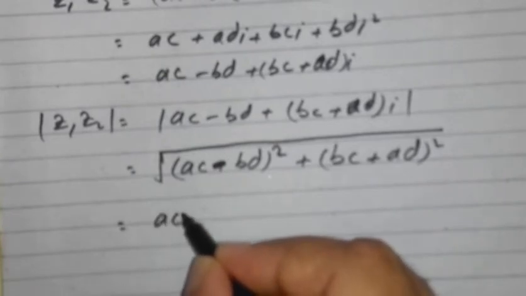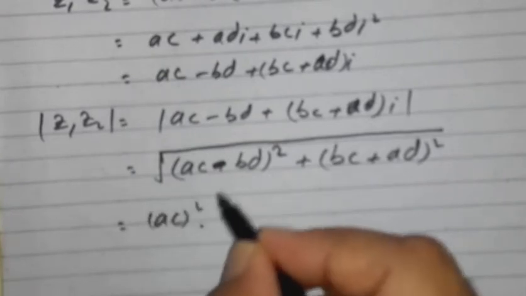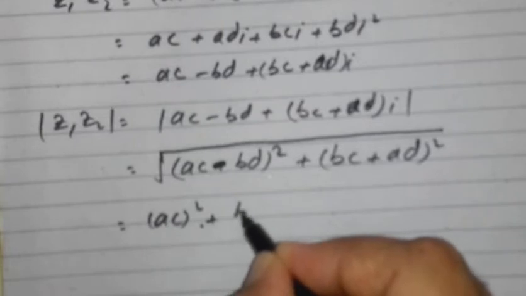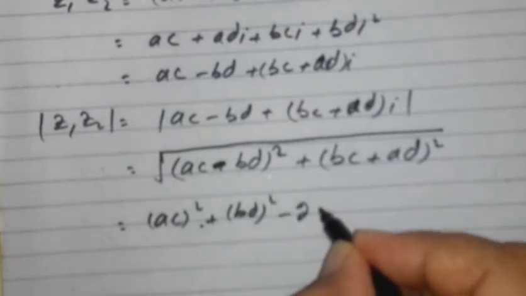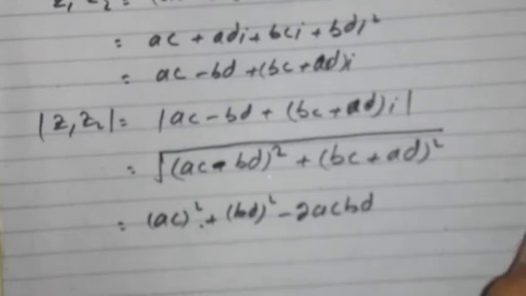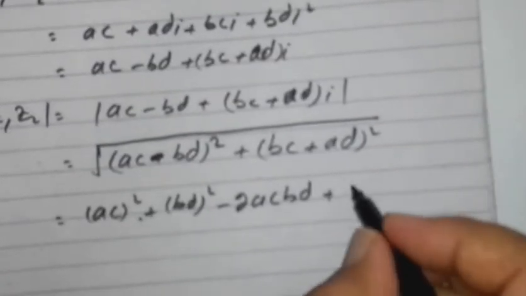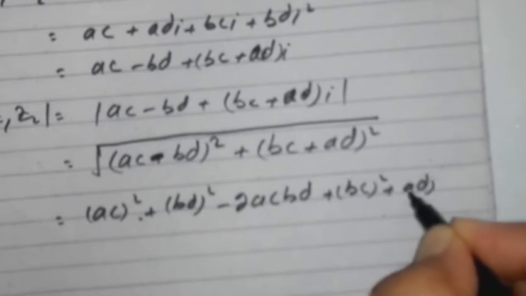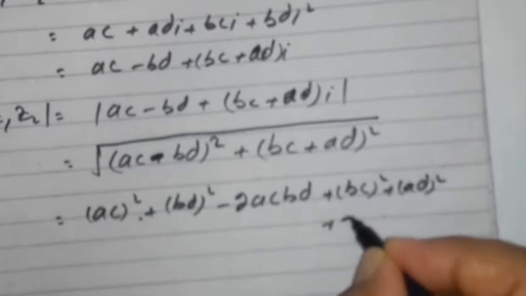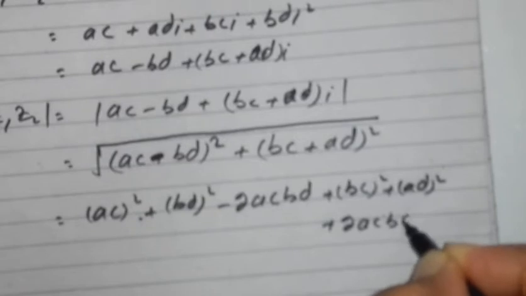Now expand this one. We can write it as a square c square plus b square d square minus 2 acbd, and here b square c square plus a square d square plus 2 acbd.